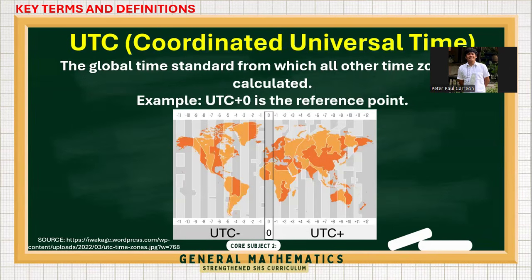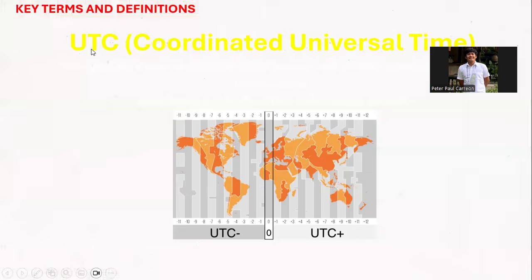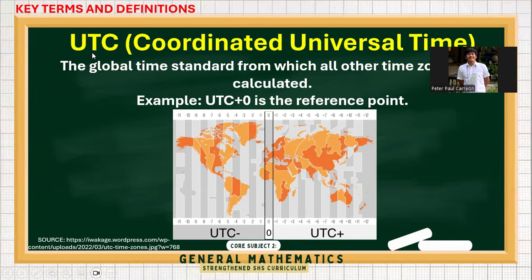And did you know that in English, the abbreviation would be CUT, right? Because we have Coordinated Universal Time. So it should be CUT. But why not CUT, and it's UTC? Because in French, the word is actually TUC.